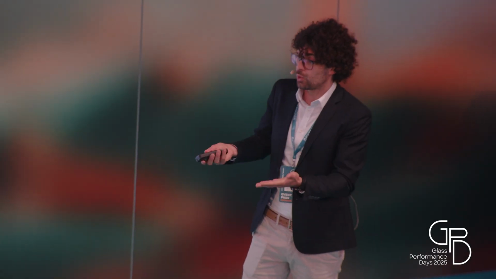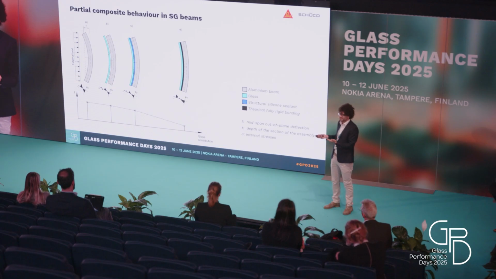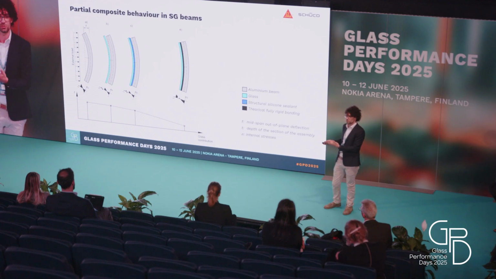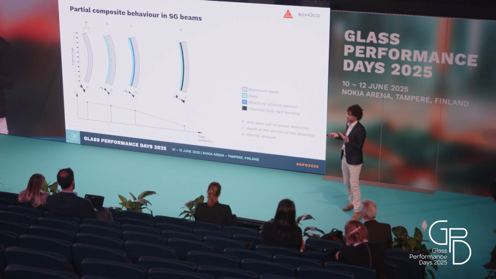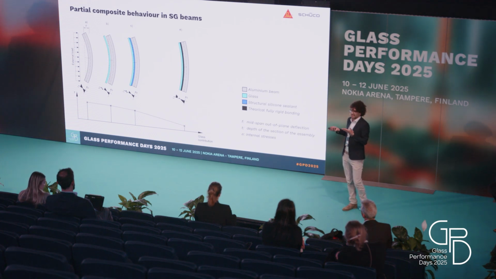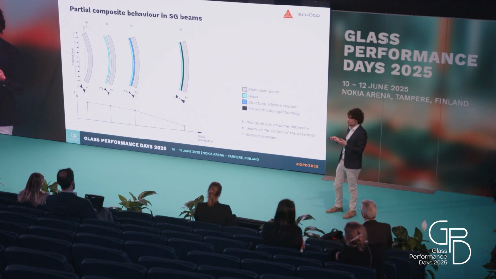In reality, we are fabricating units that, so we could already calculate nowadays, are case scenario C, where we have the glass and aluminium working partially in a composite way due to the structural silicone. And then we have case E, that would be a theoretically fully rigid bonding connection.